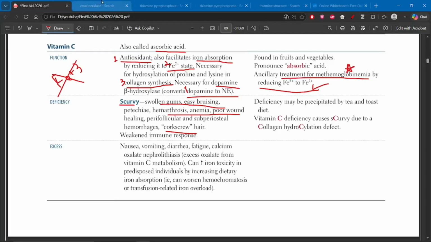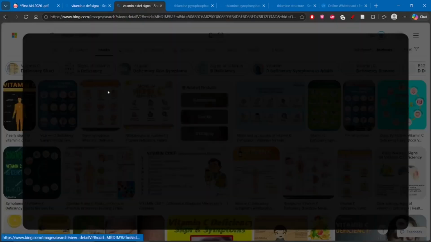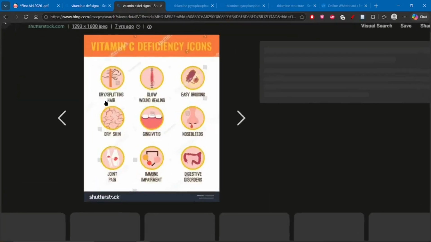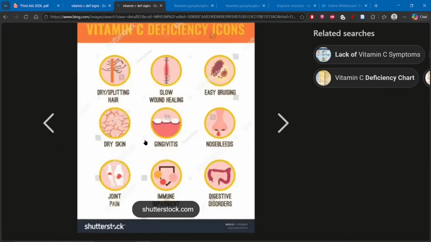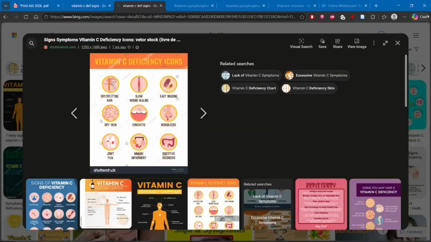If I can show you guys, this is an animated illustration, but you can see that you can get joint pain, immune impairment, digestive disorders, nosebleeds, easy bruising, slow wound healing, gingivitis, dry skin.